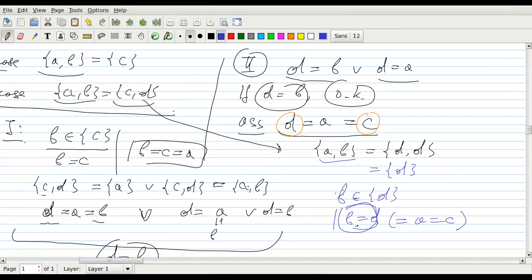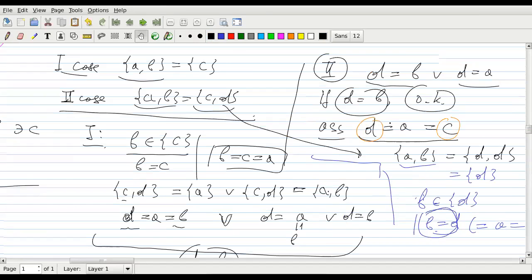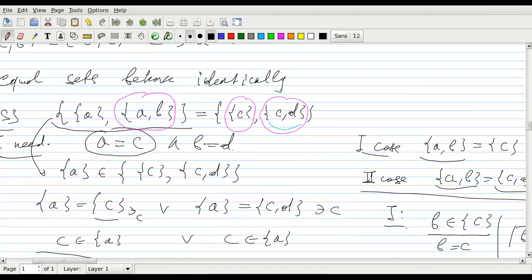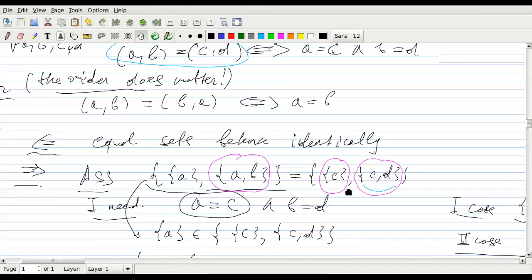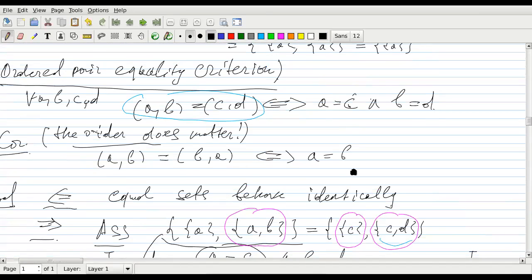Is it clear? Yes, it is. So we have some case analysis, which shows that if these sets are equal, then A equals C and B equals D. I think it is not very complicated.